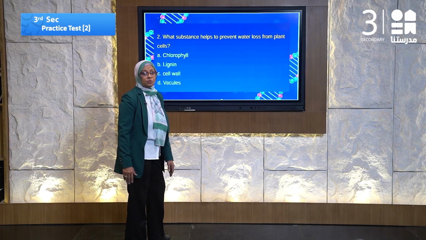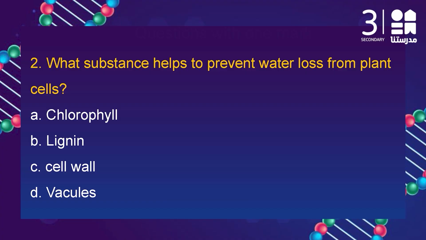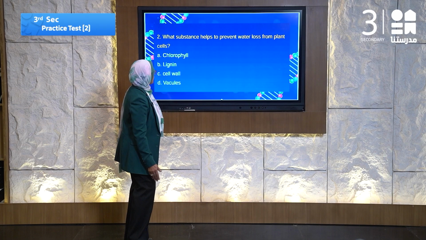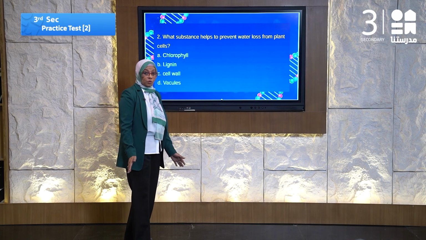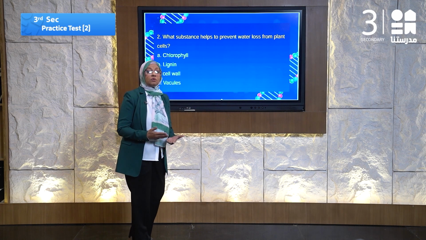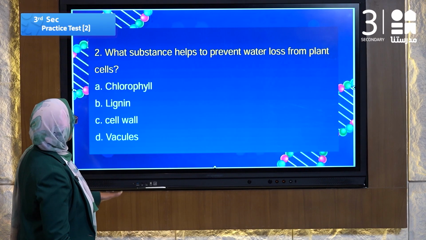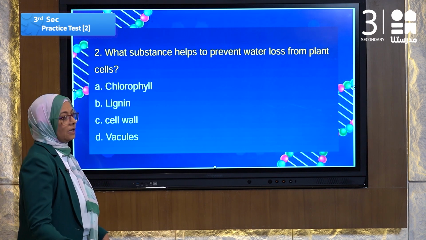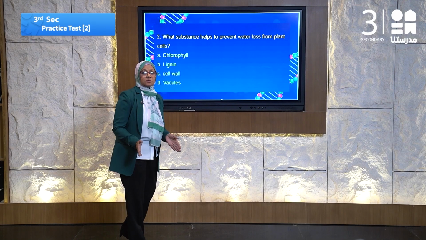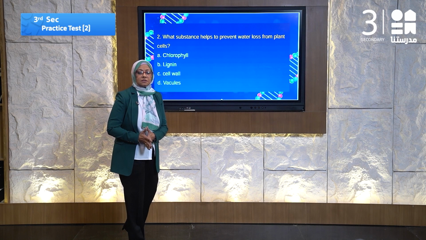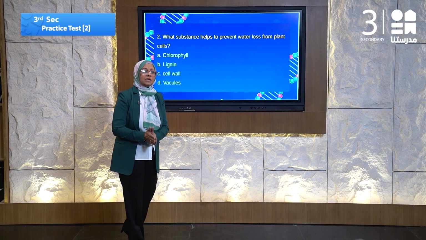The question number 2 is, what substances help to prevent water loss from plant cell? Prevent water loss means no water loss, no evaporation. Number A, chlorophyll. The chlorophyll is a substance which collects the sunlight and causes the photosynthesis process.